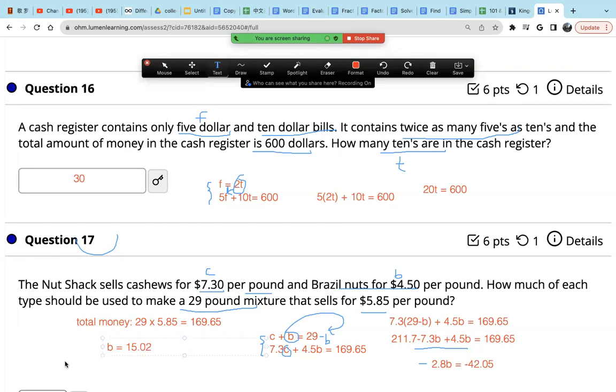This is a rounded number. Then we know C plus B equals 29. So we just subtract 15.02 from 29. So C is about 14, right? Almost 13.98 pounds.